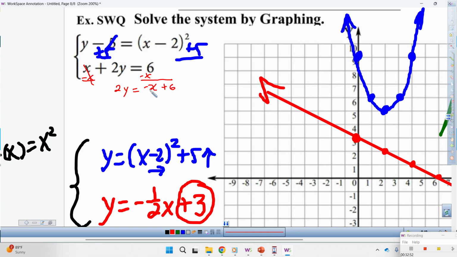So far, so good, yes? From there, we divide by 2 both sides. So we end up with y equals, what's an invisible number here between the negative and the x? A 1. So that means this becomes negative 1/2 x. You guys see it? And then I have 6 divided by 2, that is 3. And that's how I get to that.